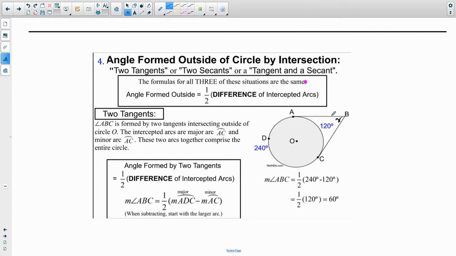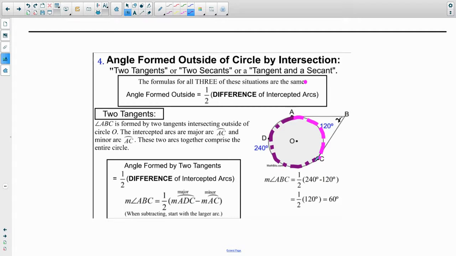Now, if you follow a tangent, it's only going to touch the circle once here, and it's only going to touch the circle once here, because those are tangents. Well, we still have the concept of our minor and our major arc. The arc that goes back in towards the angle, but still inside the angle, is our minor arc. And the arc that goes from those same two points out in the other direction, arc ADC, that would be our major arc.